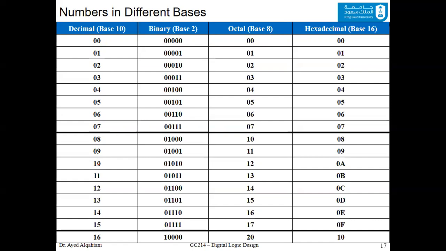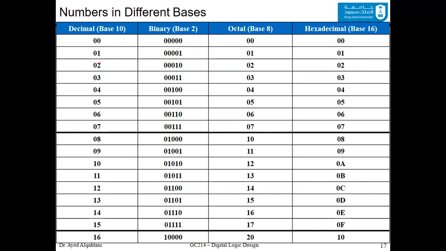And after the 9, we have 10, 11, 12, 13, 14, 15, and 16. Now, if you want to represent the value 0 in binary, it will be 0, 0, 0, 0, 0. The 1, we have a 1 here, and 0, 0, 0, 0.